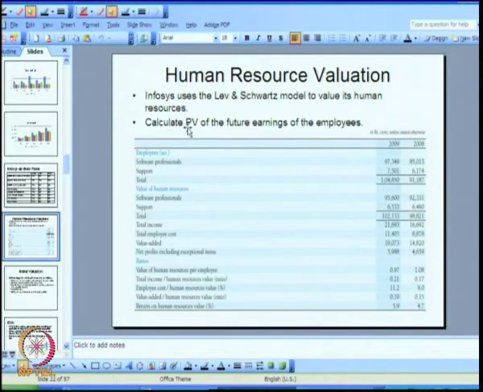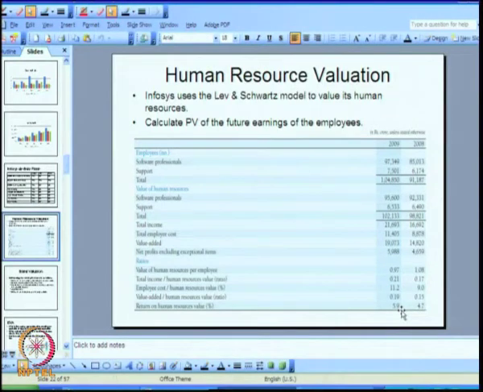What does it help the company? It calculates the present value of the future earnings of the employees. Just to give you one idea, what is the return on human resources value in percentage? In 2008 it was 4.7, in 2009 it was 5.9.